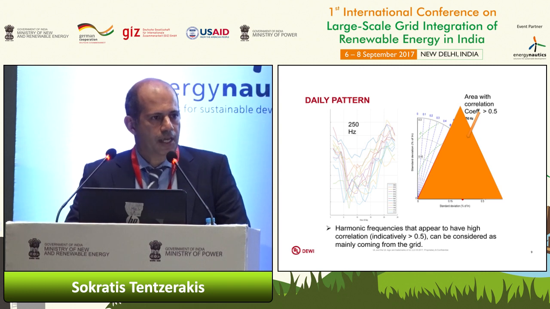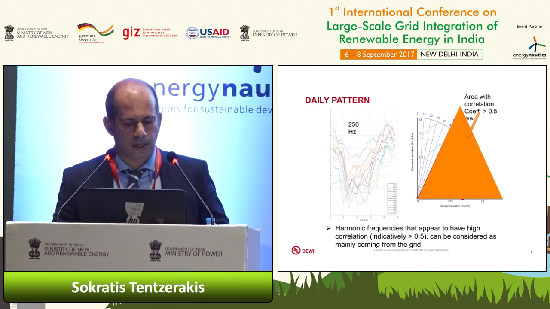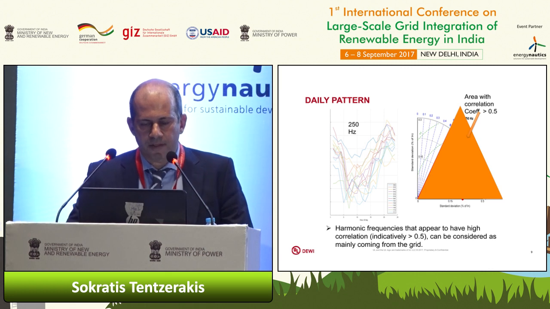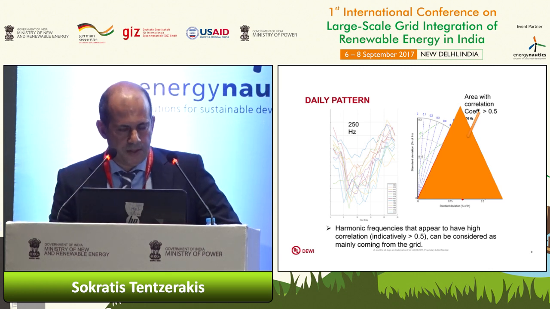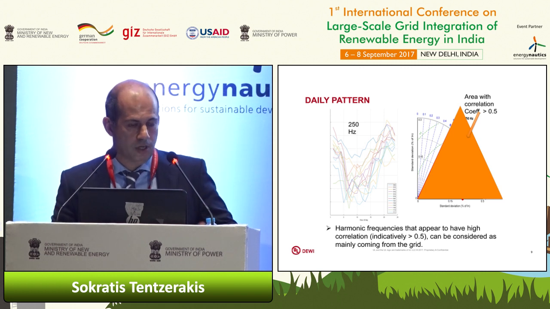That is a first indication of a grid influence, in case this is isolated from the operating point of the wind turbine. To go one step further, we perform some additional analysis and evaluated the correlation among these days using one reference.